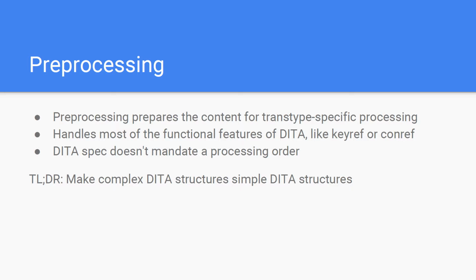The term for resolving that is desugaring. So in a way, what we're doing with pre-processing is desugaring the complex things, or actually it's in reverse order when you think about it. We're simplifying the complex things like keys into something hideously simple DITA 1.0 level content.